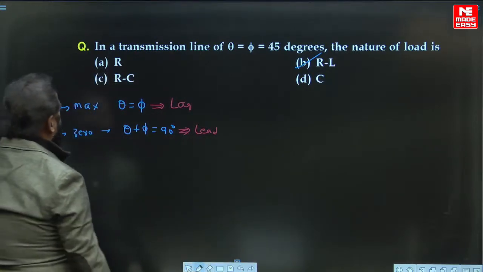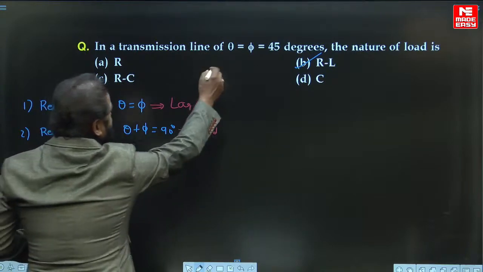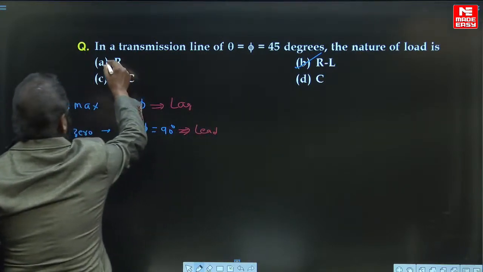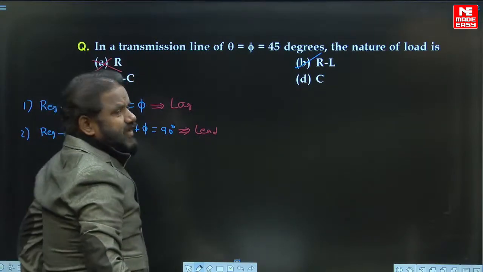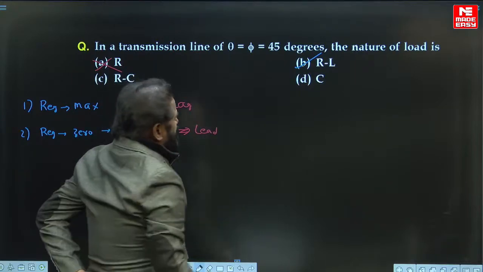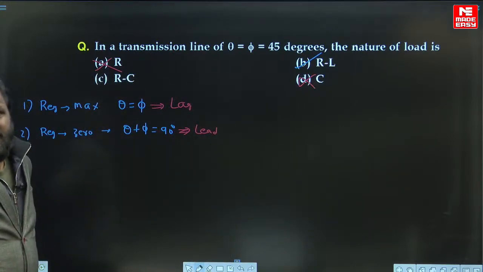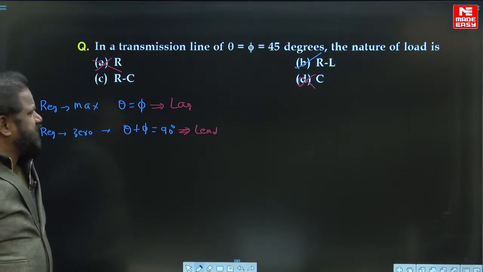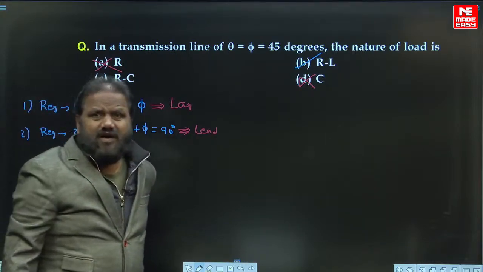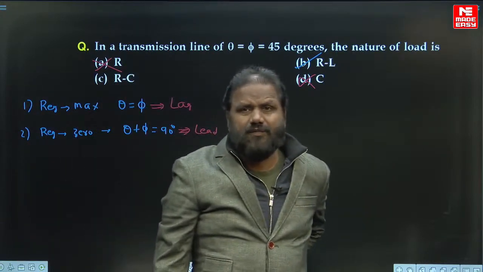If some angle exists, it is not R, because if R is there the angle would be 0. And it is not C either, because if pure C is there it would be 90 degrees. So theta equal to 45 degrees means it may be a combination of RL or RC. It should not be pure R or pure C.